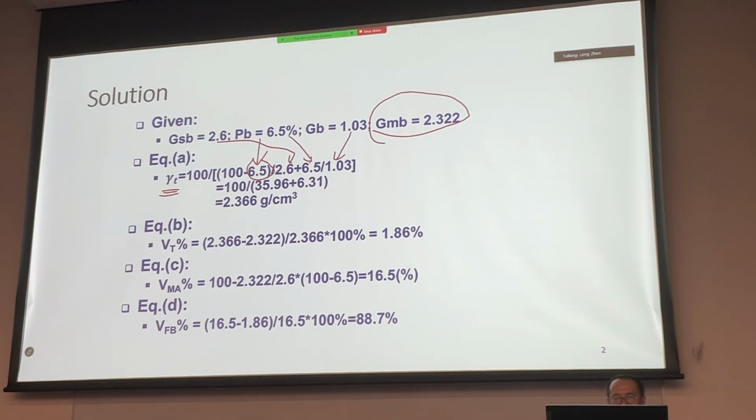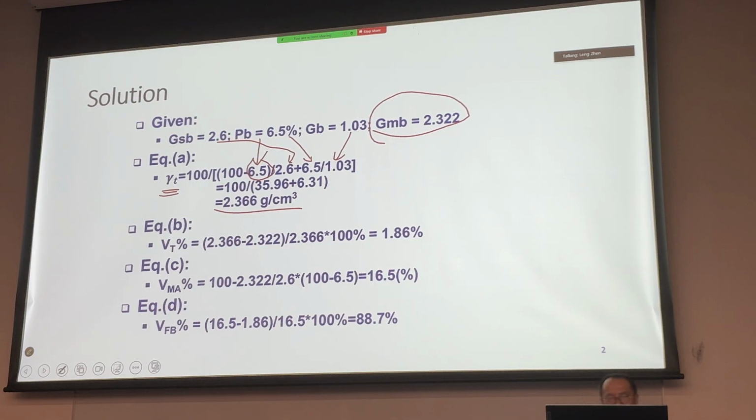You will be able to get all the necessary information. And then if you do the calculation, you can get gamma t is equal to 2.366. Because it's density, we give it a unit, which is gram per cubic centimeter. If it's a specific gravity, then we do not need a unit. So that's the difference between density and specific gravity.